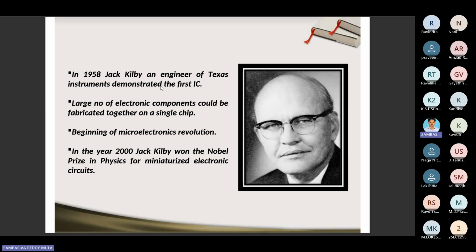Integrated circuit means, as the name indicates, it integrates many electronic components inside a small chip. So a large number of electronic components could be fabricated together on a single chip. So the beginning of the microelectronics revolution started after the invention of ICs, integrated circuits.